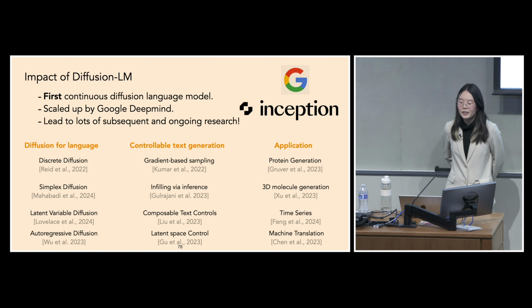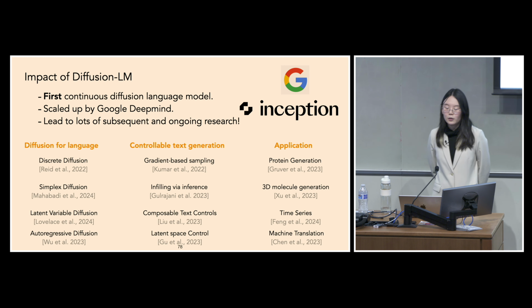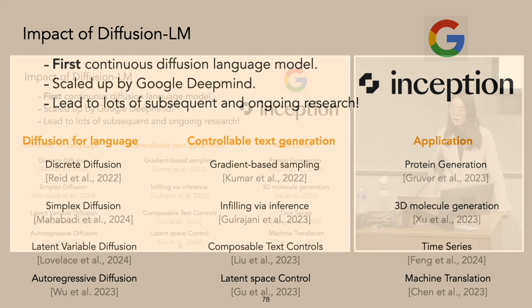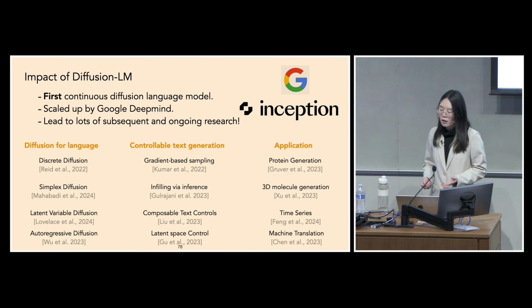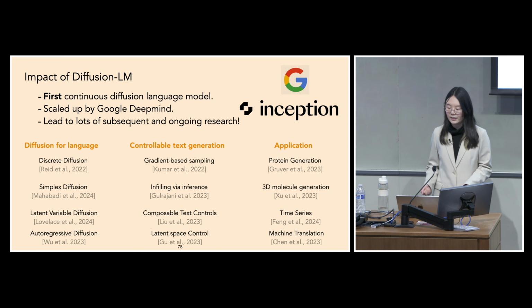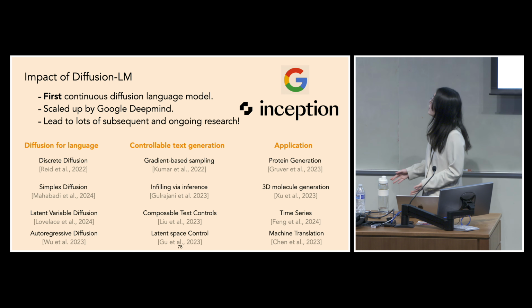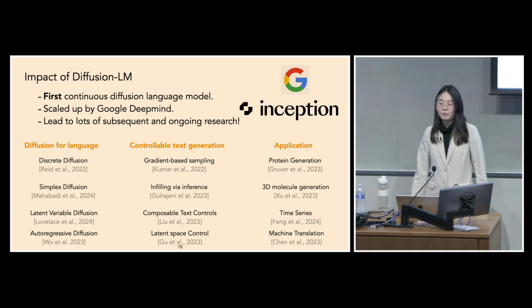So overall, Diffusion-LM is the first continuous diffusion language model. Our work has made a significant impact in both industry and academia. DeepMind adopted this idea and scaled up Diffusion-LM. Researchers have built upon our Diffusion-LM architecture to develop diffusion models for language, to do controllable text generation, and people have applied our architecture to other discrete modalities, such as protein design and 3D molecule generation.